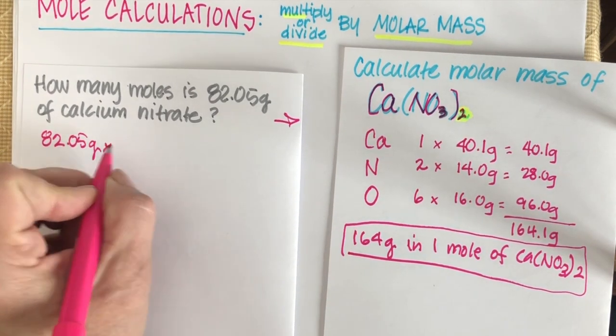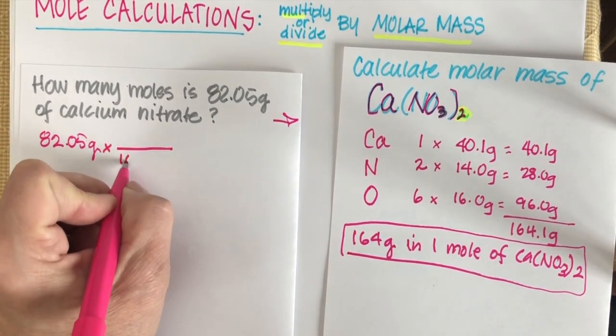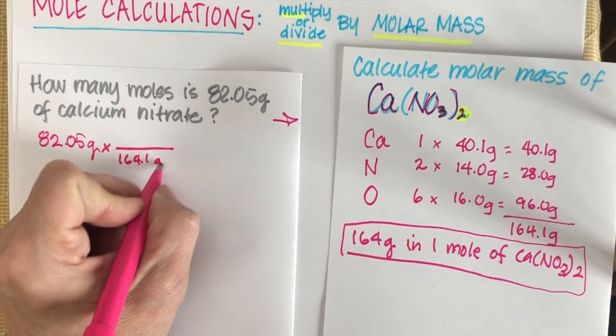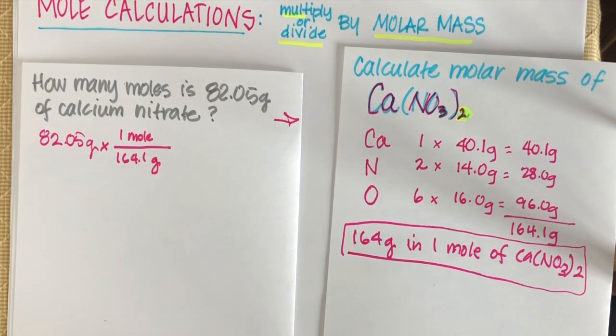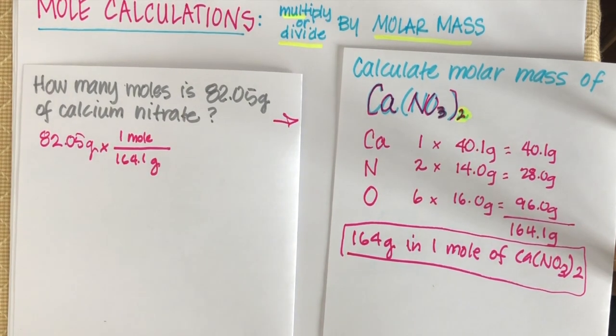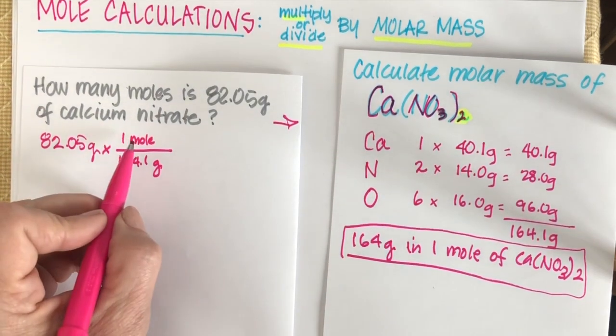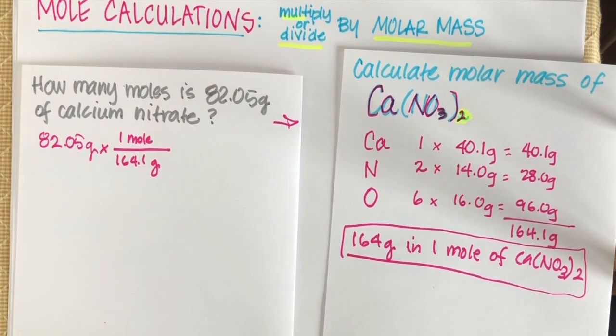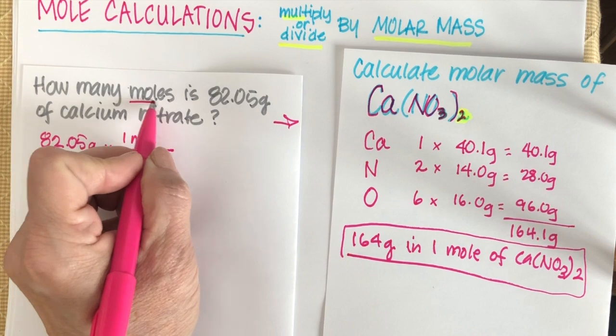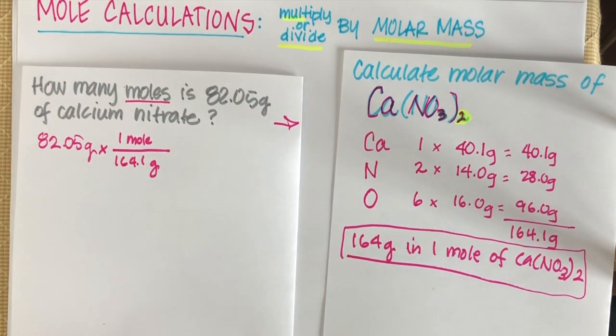82.05 grams times 164.1 grams on the bottom, 1 mole on the top. Look at that, I made a ratio. I made a fraction with 1 mole on the top and 164.1 grams on the bottom. Why? Because moles is what I'm looking for.